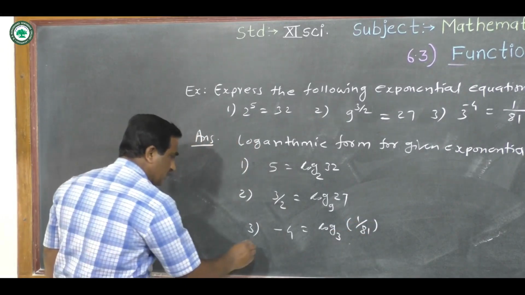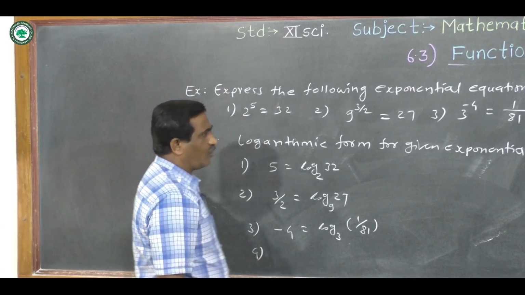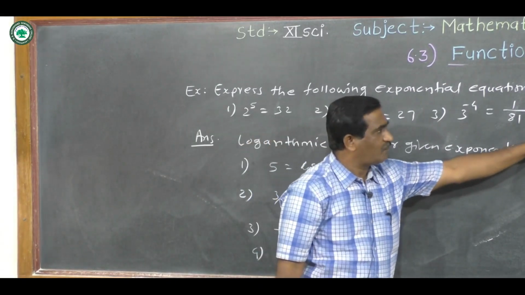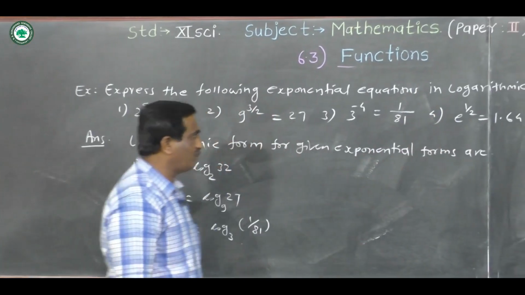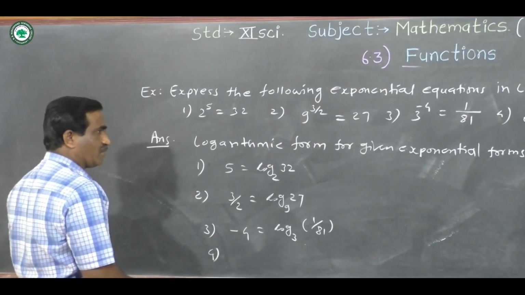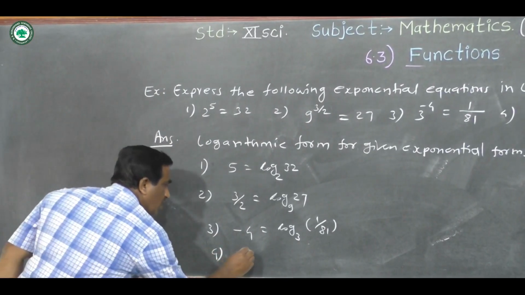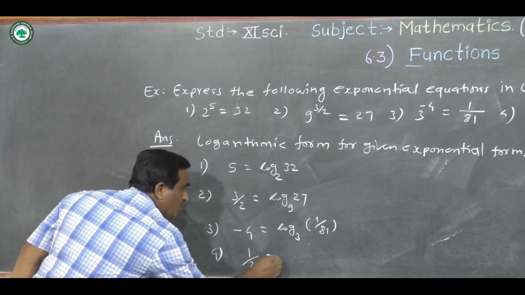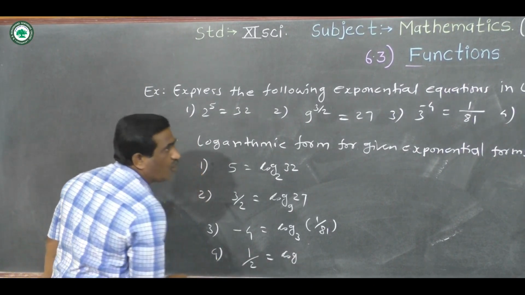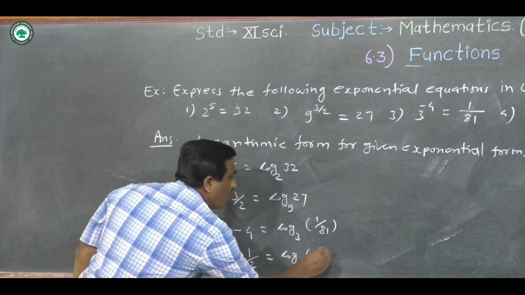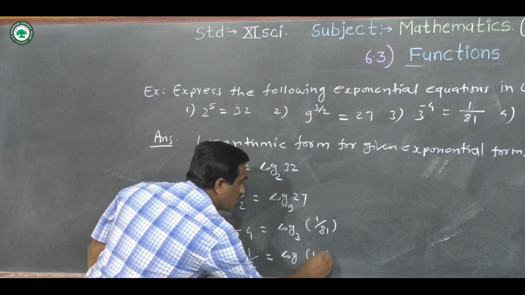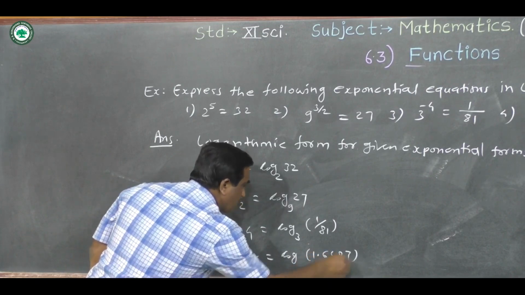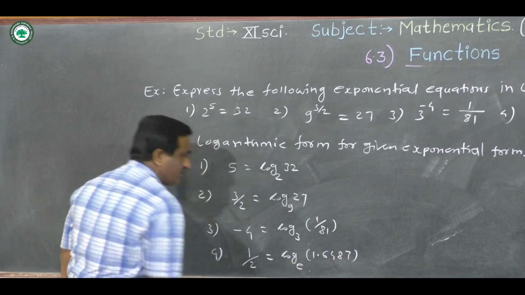And finally, the logarithmic form for the fourth equation. This is the exponential form. We have to write this in logarithmic form. The logarithmic form is 1 by 2 is equal to log of 1.6487 to the base e.